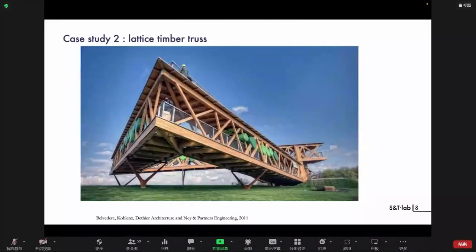A little bit more complex structure is the Koblenz viewpoint that Denis just presented a few minutes ago. This is a viewing platform located on a hill in Germany. The structure is made of wood, and there are posts of Corten steel anchored in concrete foundations.